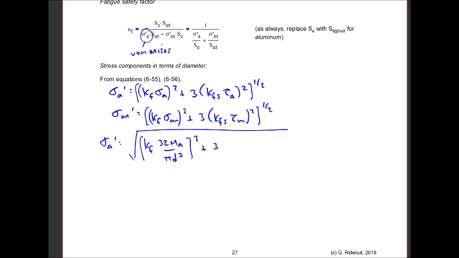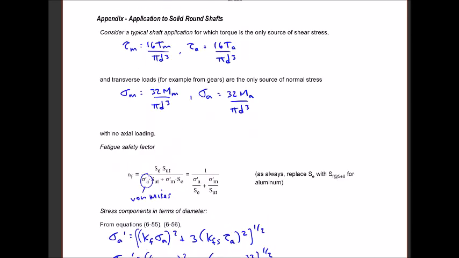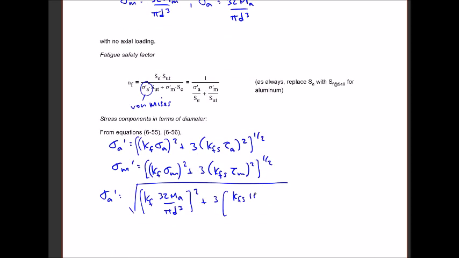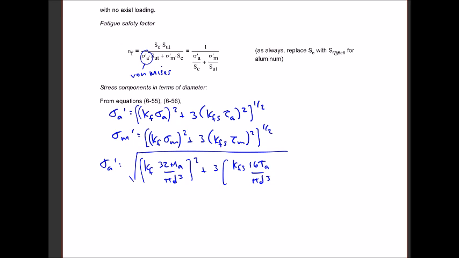And then I've got a 3, and I've got a KFS times my tau, which is 16 times Ta over pi d cubed, and that's all squared.